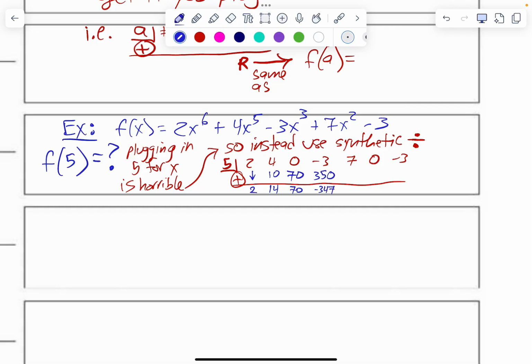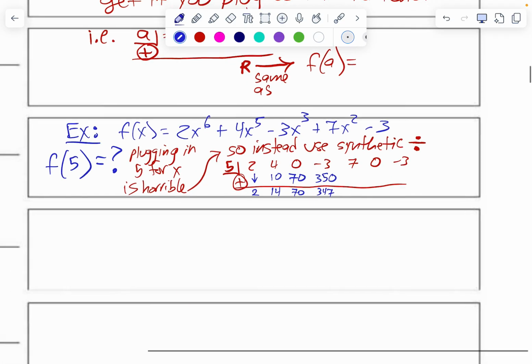Okay, this is not as fun. Negative 347? Why did I put a negative there? Thank you. Let's see, that's 1500 plus 20, so 1700 plus 35. So 1735 plus 7 is 1742.